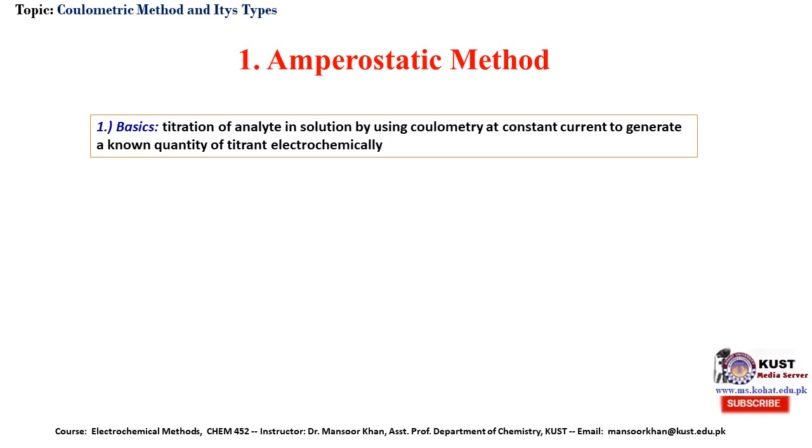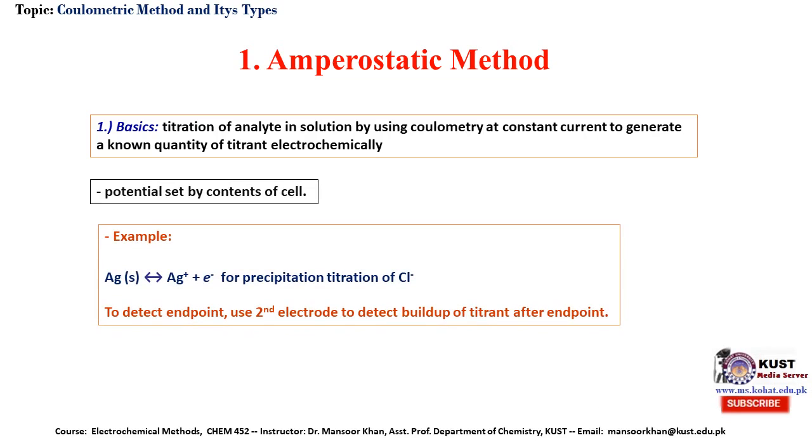In the amperostatic method, the analyte in solution is titrated by using coulometry at constant current to generate a known quantity of a titrant electrometrically. Potential is set by contents of the cell. This is the example that we have discussed earlier, in which we determined the amount of chloride by using Ag as an electrode. To detect the end point, use an electrode titrant.